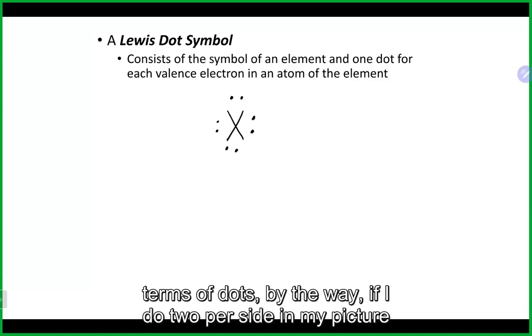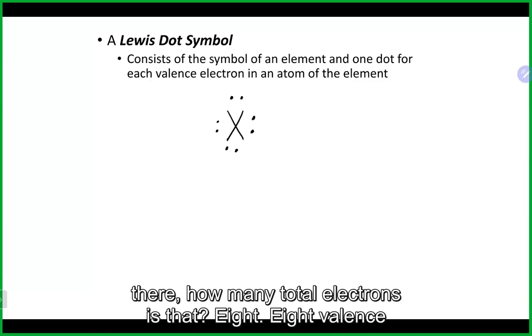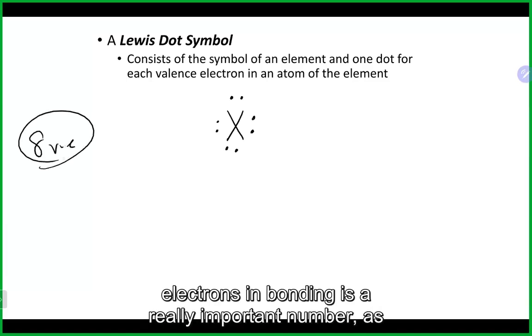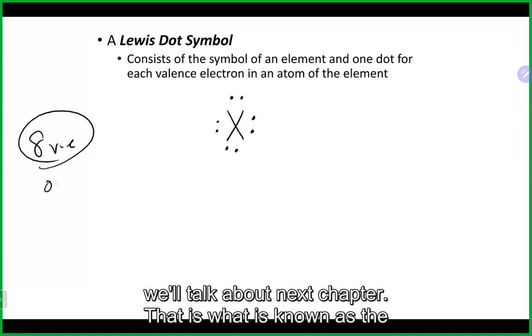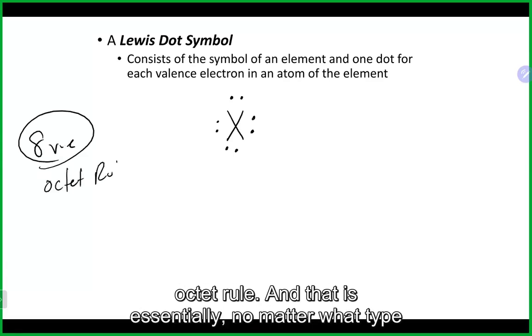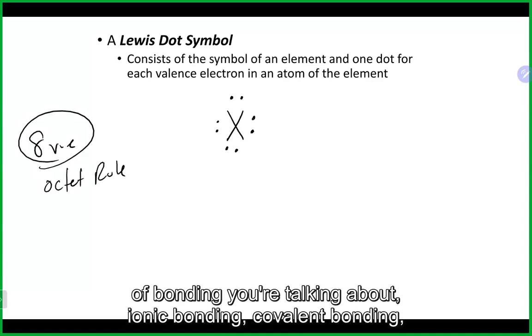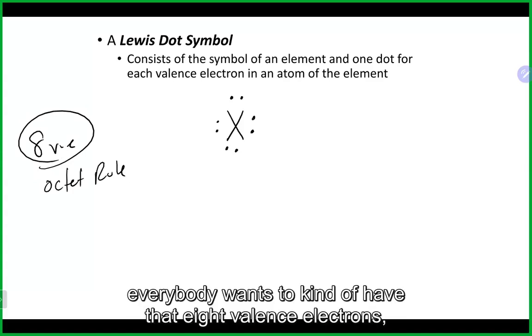By the way, if I do 2 per side in my picture there, how many total electrons is that? 8. 8 valence electrons, and that is a really important number in bonding, as we'll talk about in the next chapter. That is what is known as the octet rule. Essentially, no matter what type of bonding you're talking about, ionic bonding, covalent bonding, everybody wants to have 8 valence electrons.